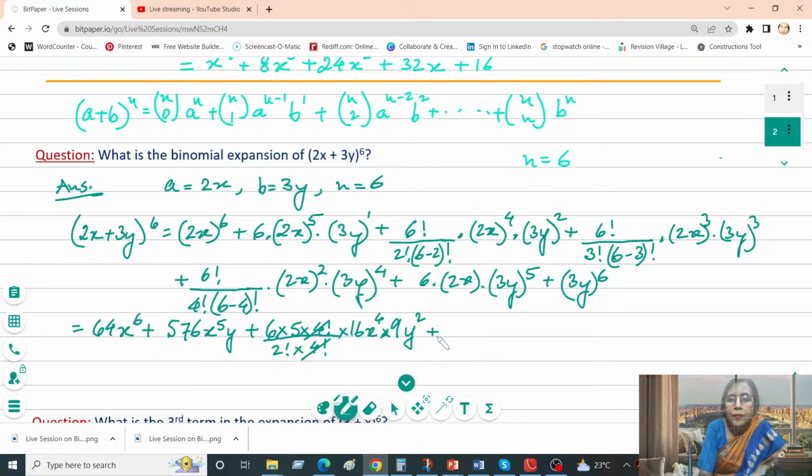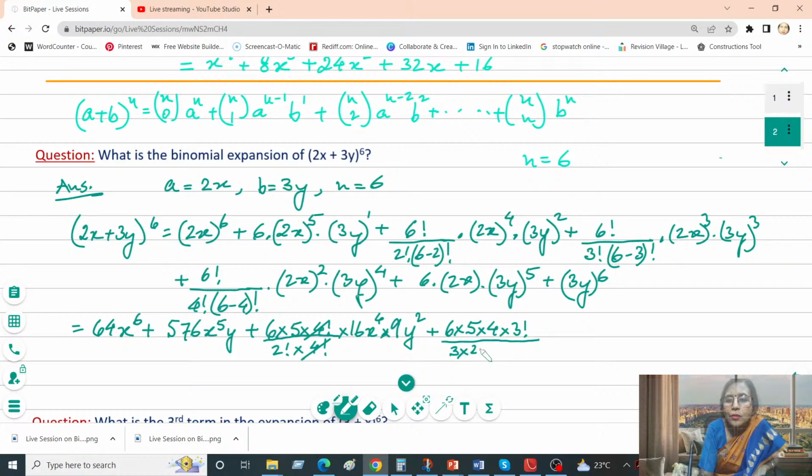Plus, this one is 6 minus 3, which is 3 factorial, so we go up to 3. It is 6 times 5 times 4 times 3 factorial over, let me write the first 3 factorial in an expanded way.